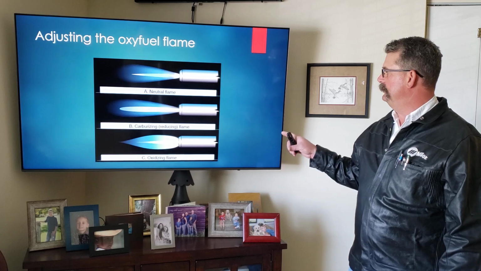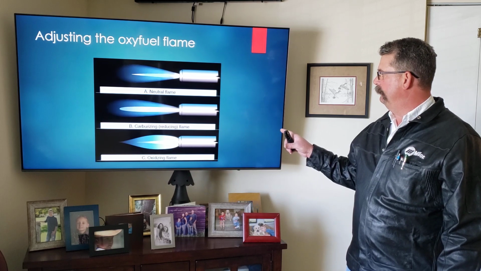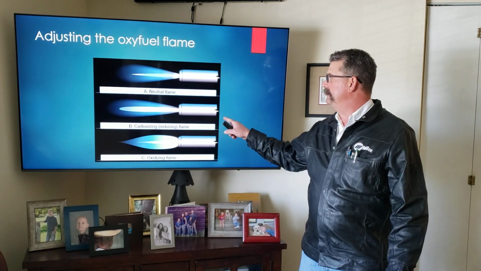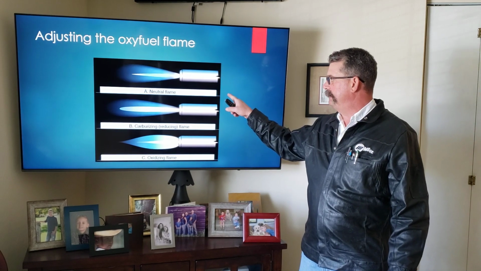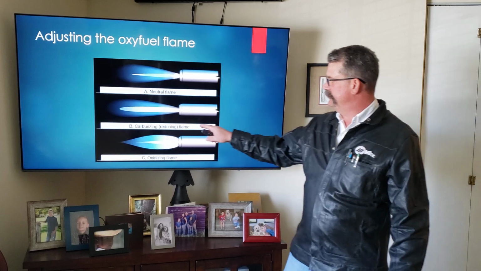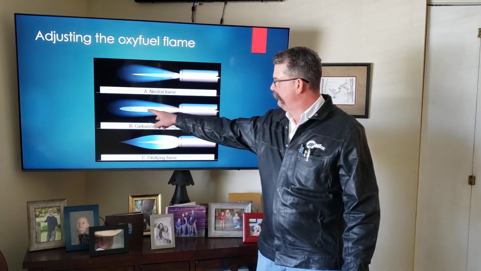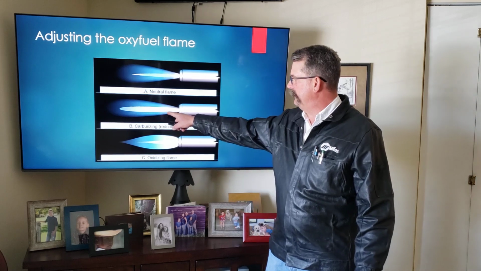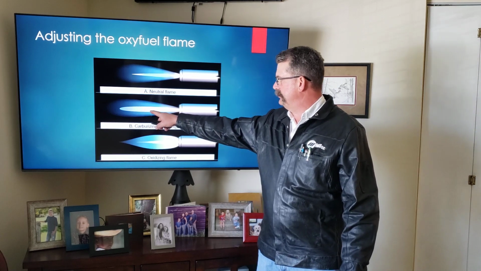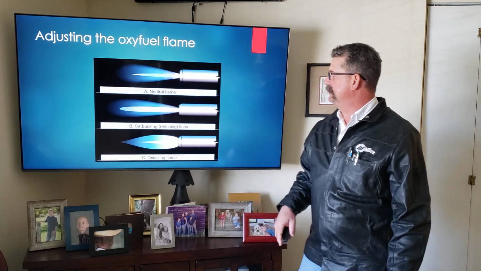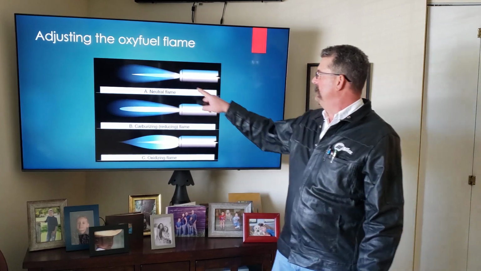You want to adjust it from what is known as a carburizing flame down to a neutral flame. You can see as you adjust the oxy-fuel torch, what I describe as the inner cone or the inner flame will start to shorten down into the cone of the flame, and then you basically achieve your neutral flame.